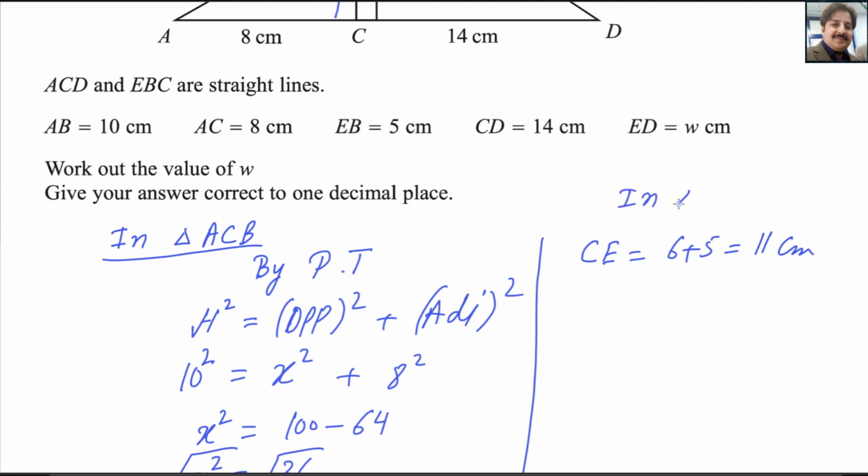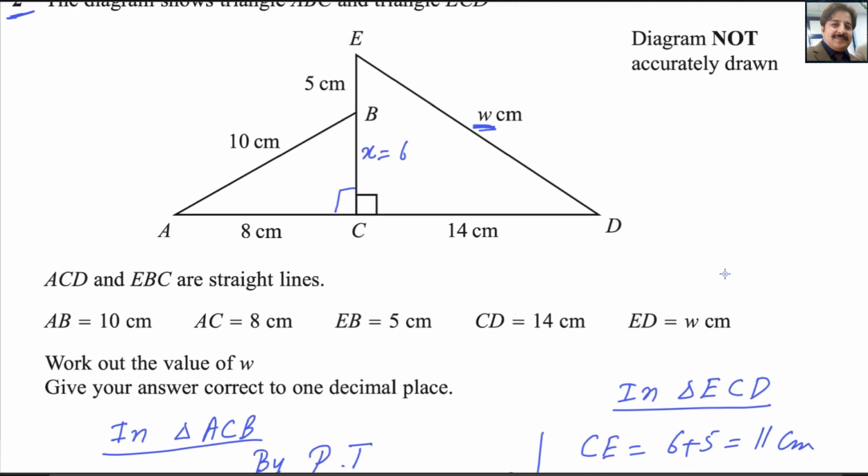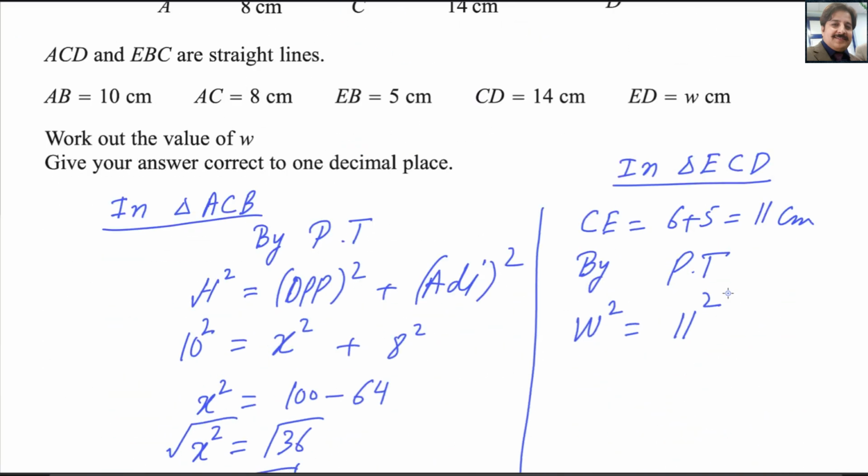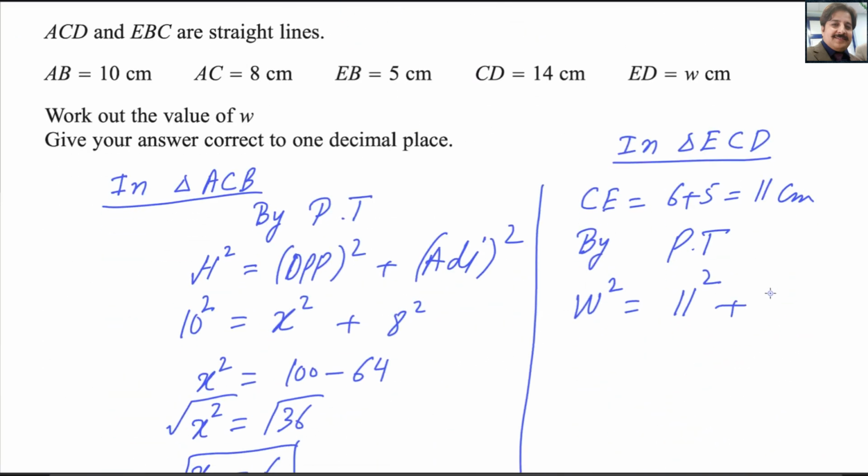In triangle ECD, again we will use the Pythagorean theorem, and we can find W here. W is the hypotenuse here. W squared will be equal to opposite squared, opposite is 11, 11 squared, plus adjacent is 14, 14 squared.